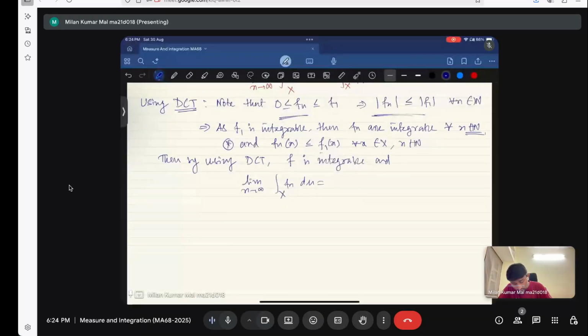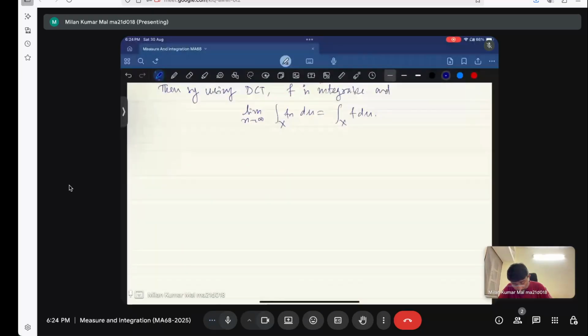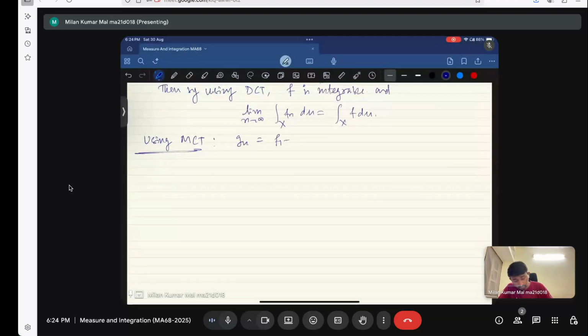So let's write using the monotone convergence theorem, using MCT. Consider Gn which is equal to f1 minus fn for all n belonging to the natural numbers. Then note that fn is greater than or equal to f of n plus 1.